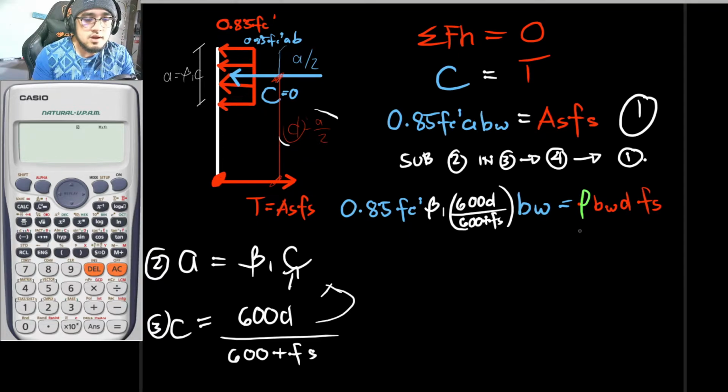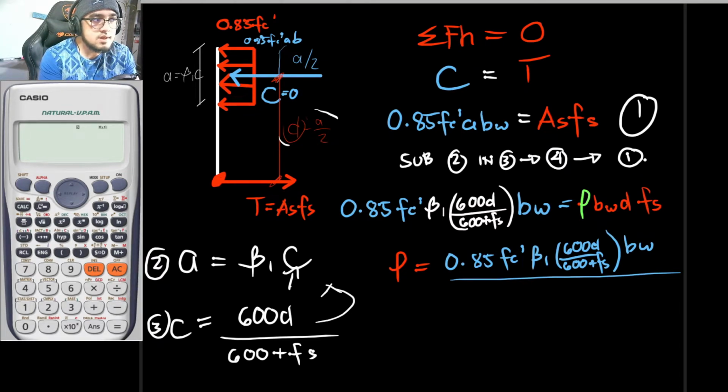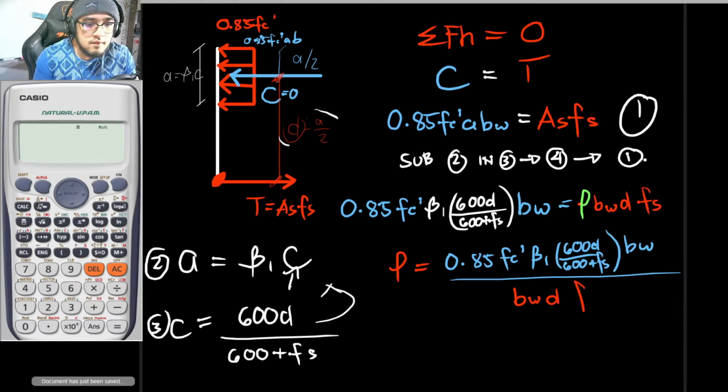And using this equation once again, cross multiplying, your rho is now equal to 0.85 fc prime times beta 1 times 600d over 600 plus fs times bw, and you will now be dividing this by bwdfs.